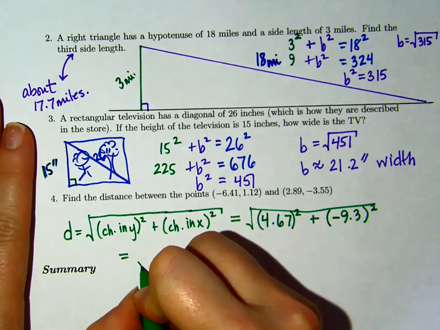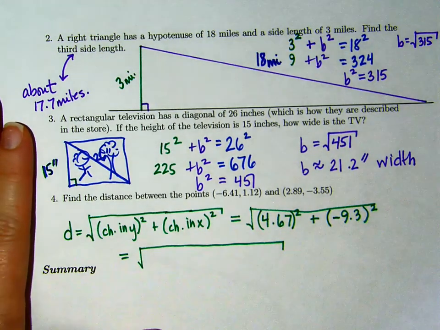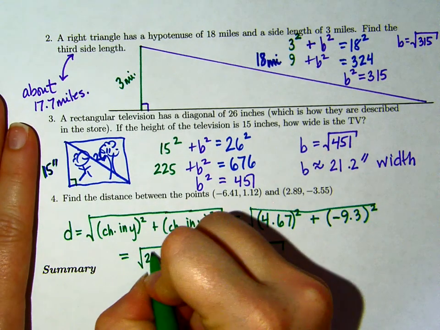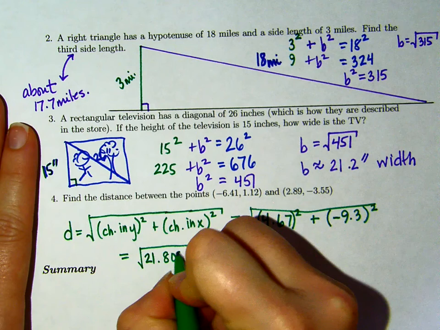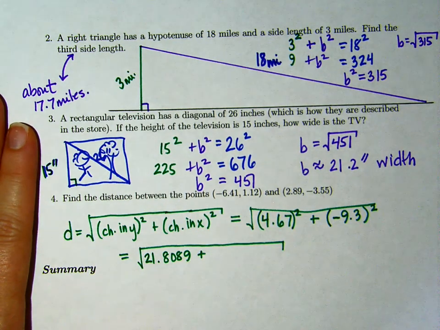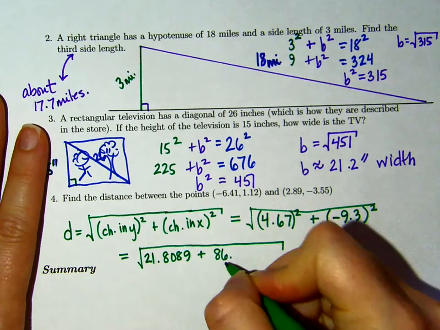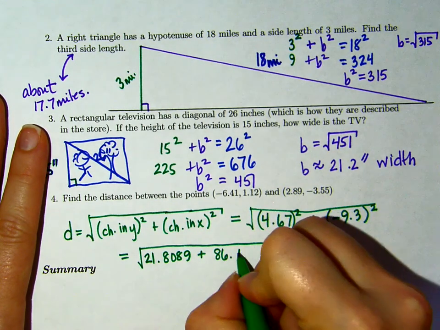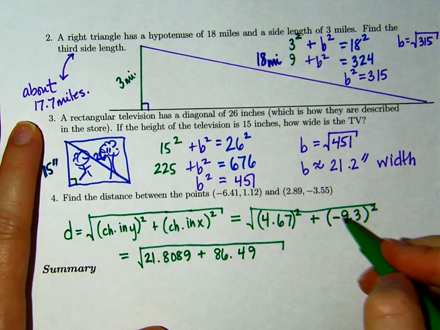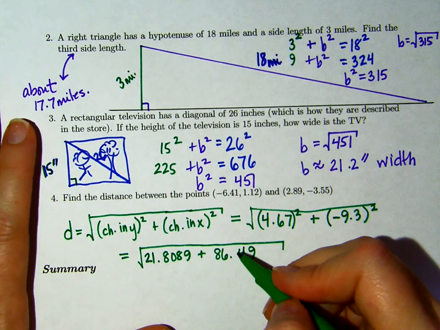So it is equal to the square root of 4.67 squared, 21.8089, plus negative 9.3 squared is 86, positive by the way, 86.49, because a negative times a negative is a positive.